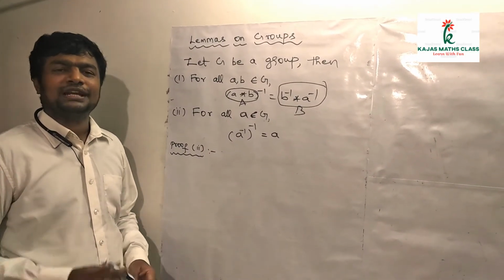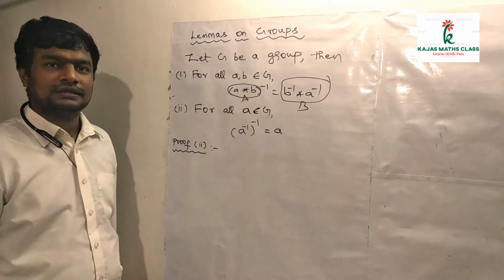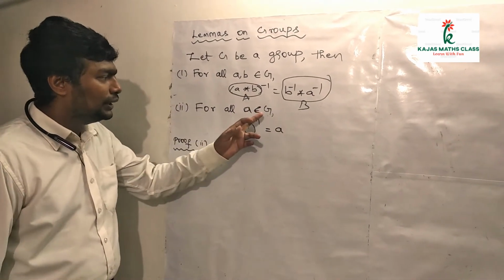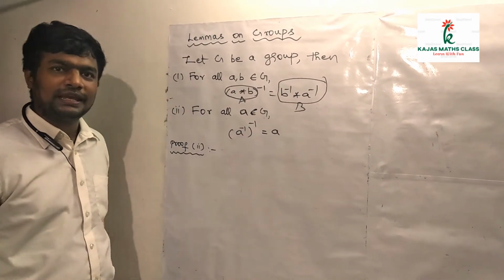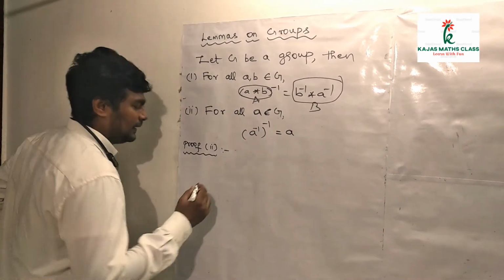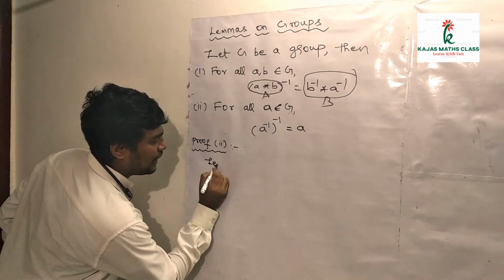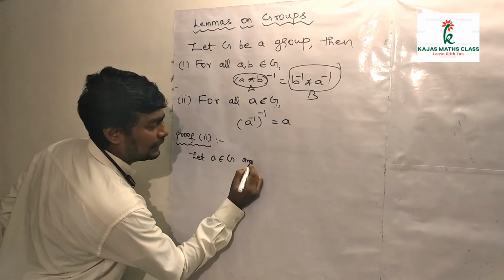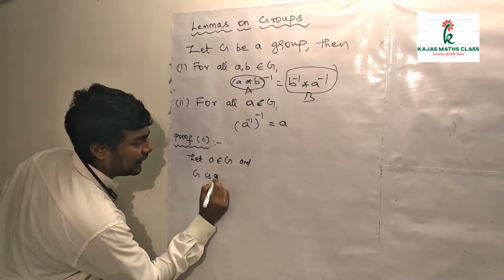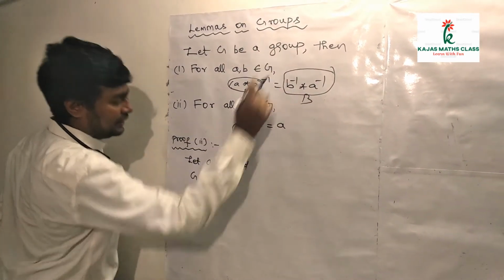Okay students, now we are going to see the second part. For all a belonging to G, (a inverse) inverse is equal to a. Okay, let's prove that. Let a belong to G, and G is a group, right? We are given a group, right?